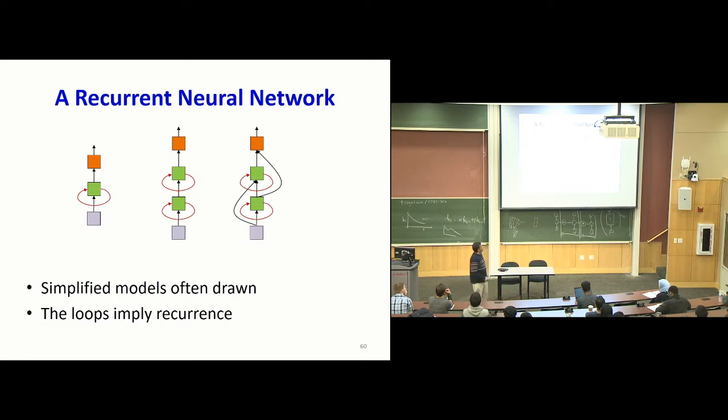Or you can have a more complex network where you have two hidden layers and you show these loops. So this means that the outputs are feeding back to the same variable at the next time, not at the same time. You see there are two different colors of arrows over here. The red arrows in this case mean a self-recurrence across time.